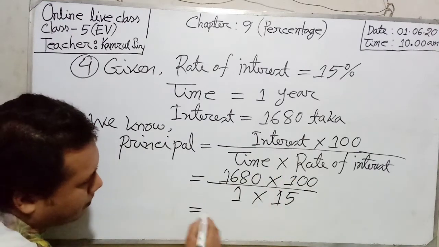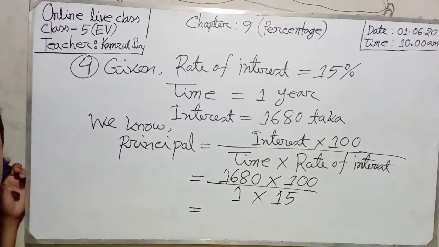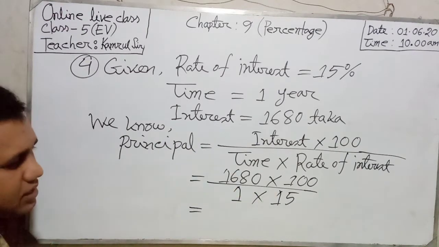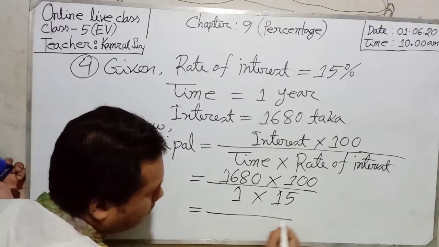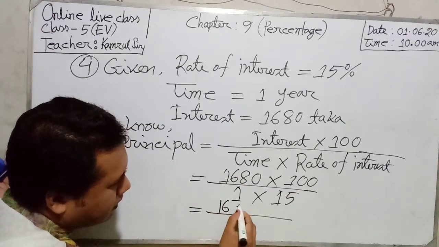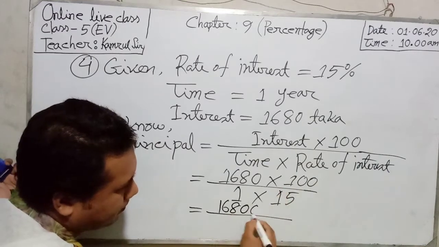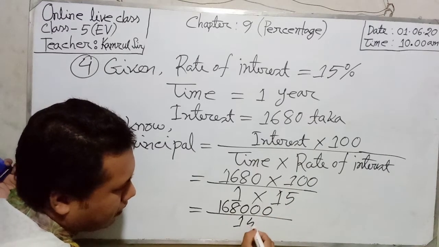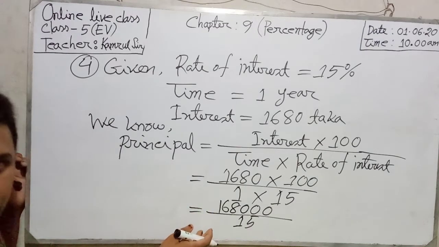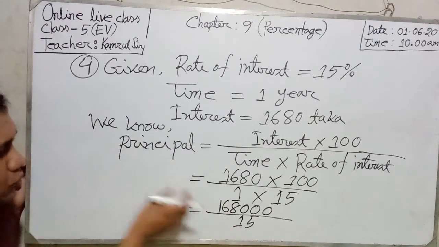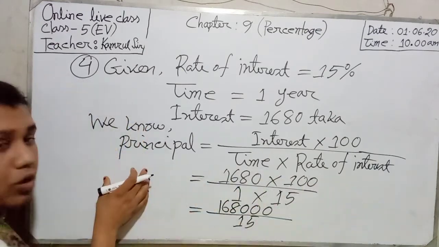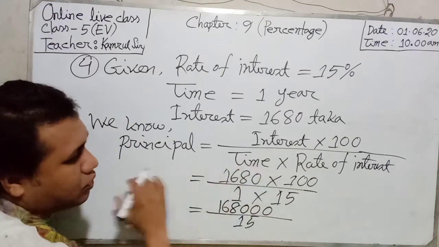Now if we divide, then we will get our answer. Now what will be our answer? This is multiplication of 1680 and 100, divided by 15. Now we have to divide, and you must show this working.